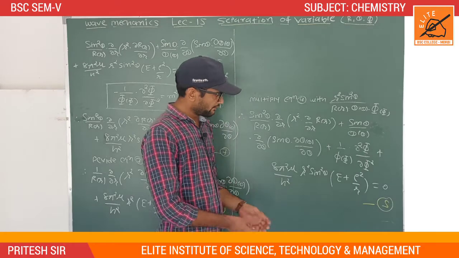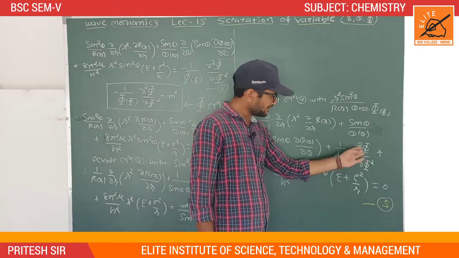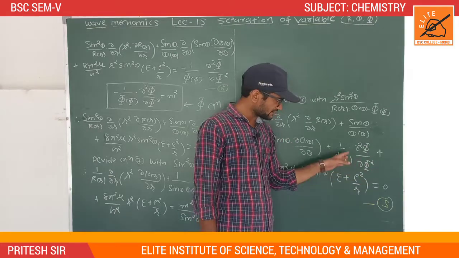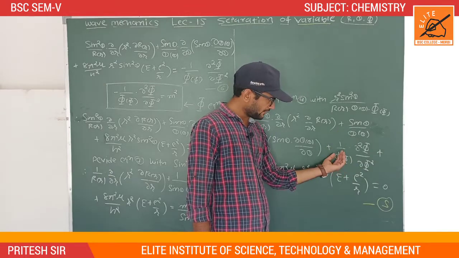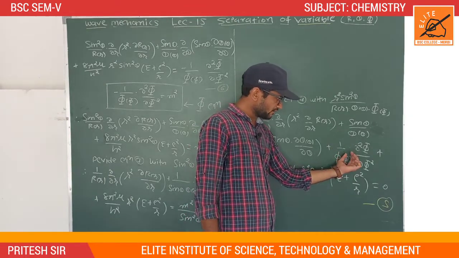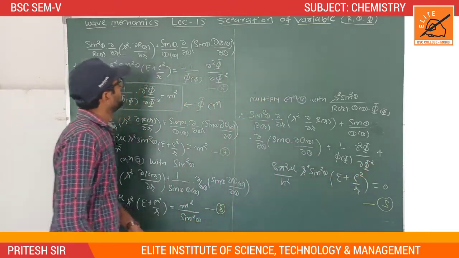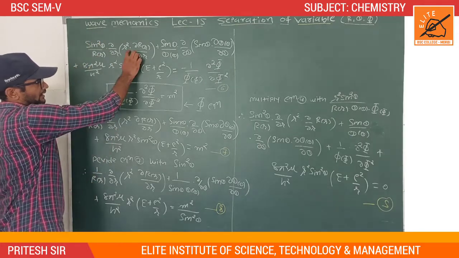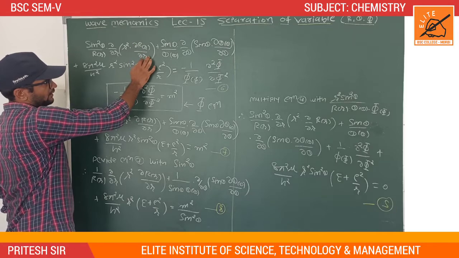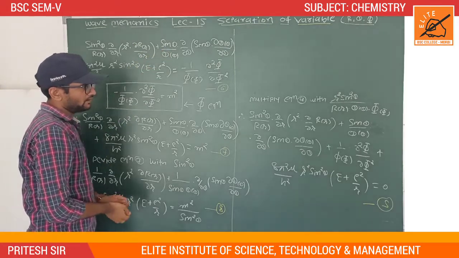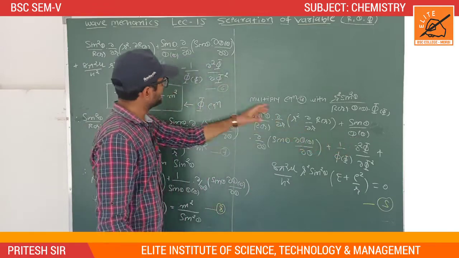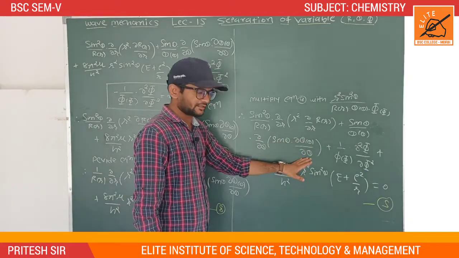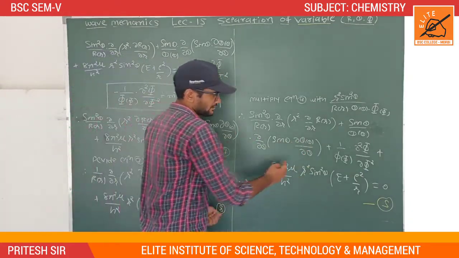Okay, so the third term, it means 1/Φ(φ) ∂²Φ/∂φ². If this term goes to the right hand side, then it will become minus, because this term contains only one variable, that is φ. It means sin²θ/R(r) ∂/∂r (r² ∂R/∂r) plus sin θ/Θ(θ) ∂/∂θ (sin θ ∂Θ/∂θ), and this term goes to the right hand side.